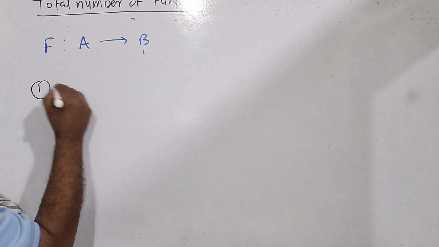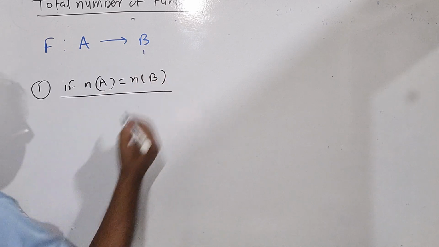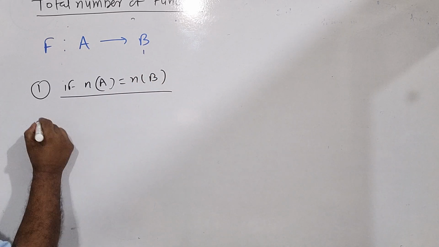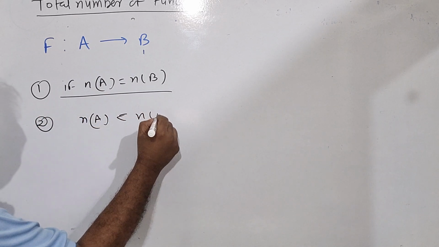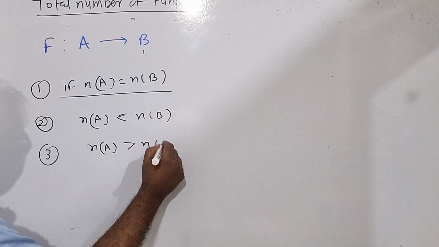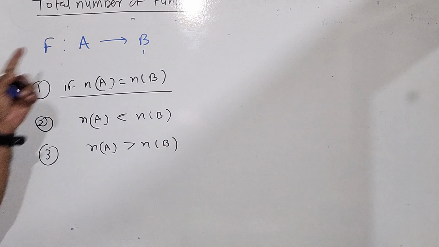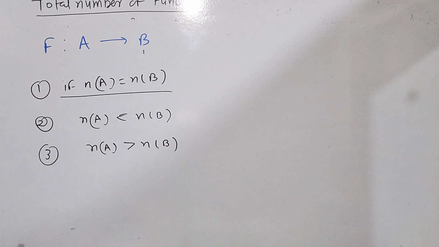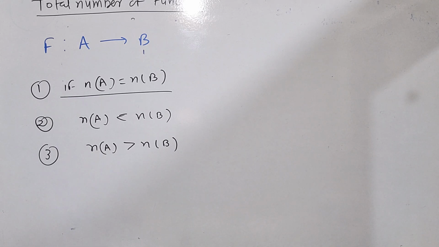So there may be three possibilities: n of A is equal to n of B, or n of A is less than n of B, or n of A is greater than n of B. So there are three possibilities for the domain set A and codomain set B. Both sets can have the same number of elements, or the domain set has fewer elements than the codomain set, or the domain set has more elements than the codomain set.